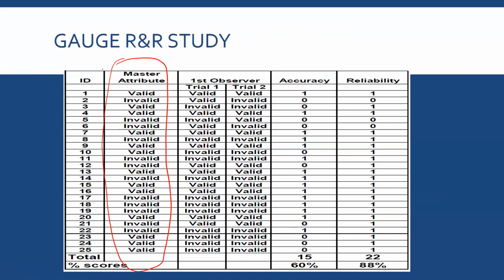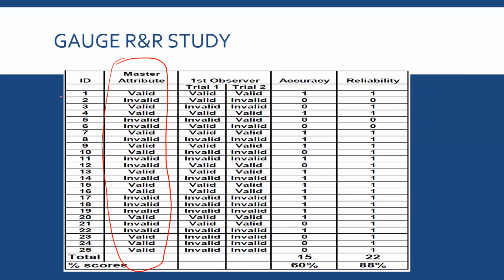It is already known beforehand, but we need to measure the accuracy of this observer. We need to know if there is a need for training or if we need to recalibrate the machine. We asked the first operator to do two trials and let us know what the operator thinks.